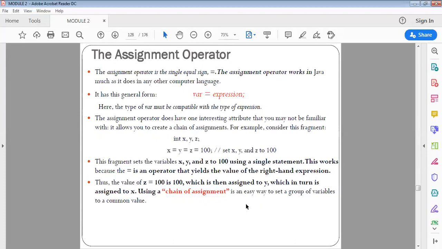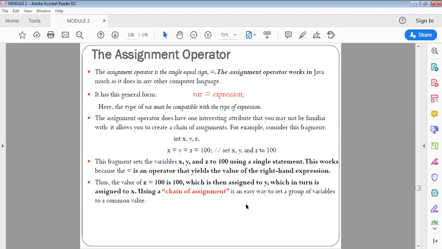The assignment operator does have one interesting attribute that you may not be familiar with. Int x, y, z, declaring three variables x, y, z. Now we initialize the values of all the variables to 100 by writing x is equal to y is equal to z is equal to 100.